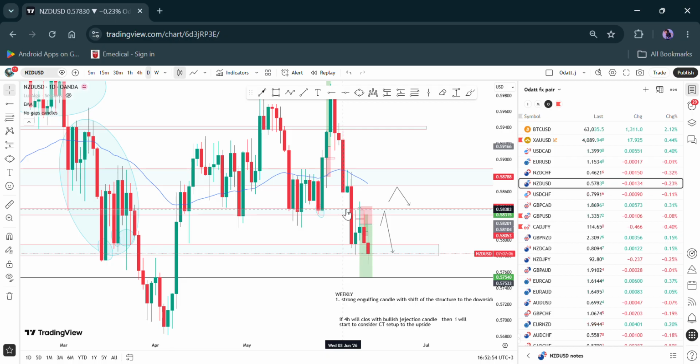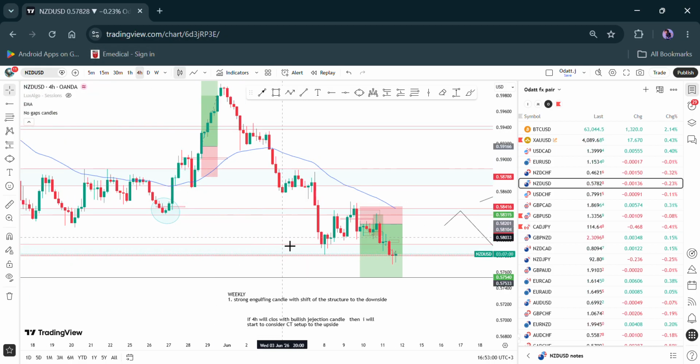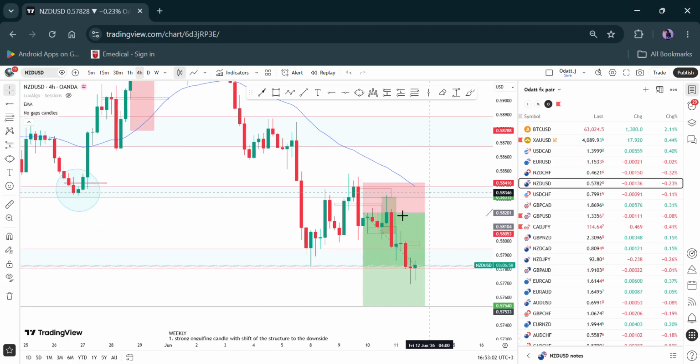That is just an added confirmation, the dynamic support and resistance. For each time frame, the price comes and retests around this area, as you can see. So the first time the price came and retested from this area, it gave us a rejection. As you can see, this bearish rejection around here.